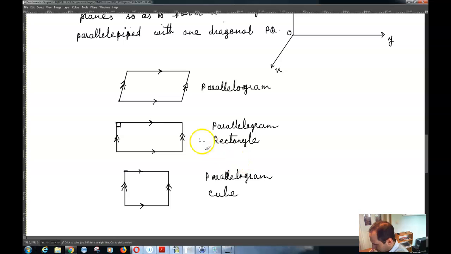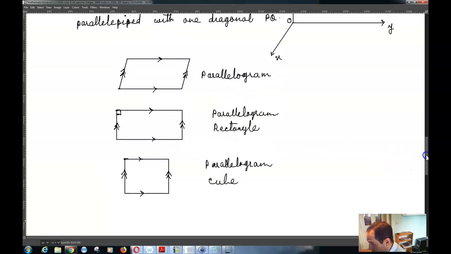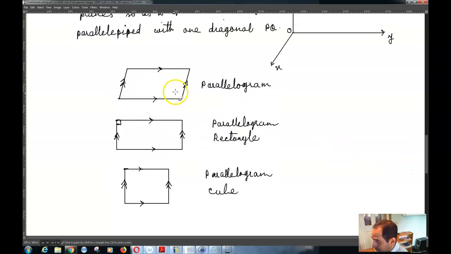And I think there are a few more things over here, like I don't remember those names or those figures, like the trapezoid. We don't really need to talk about those things, but it does suffice to say that these are all parallelograms.